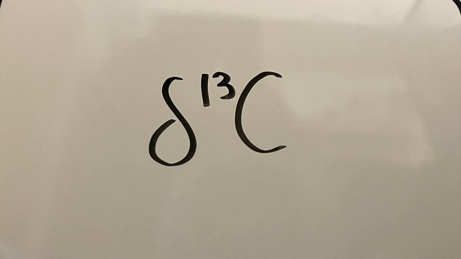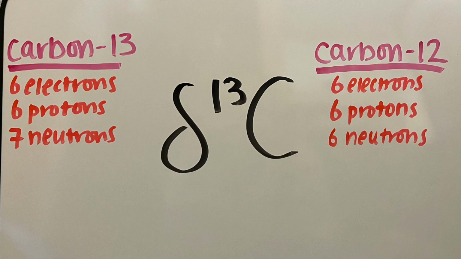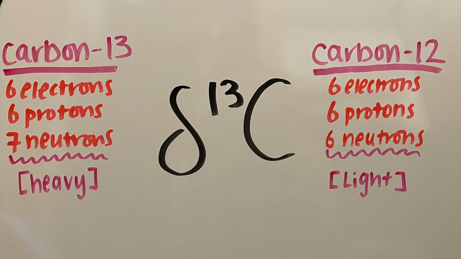One of my favorite ways to measure the changes in past climate and environment is by using delta C13. Delta C13 is an isotopic signature that measures the ratio between the two stable isotopes of carbon, carbon-13, which is heavier in mass, and carbon-12, which is lighter in mass. This ratio varies depending on climatic and environmental factors, and so it's a useful tool for studying paleoclimate.